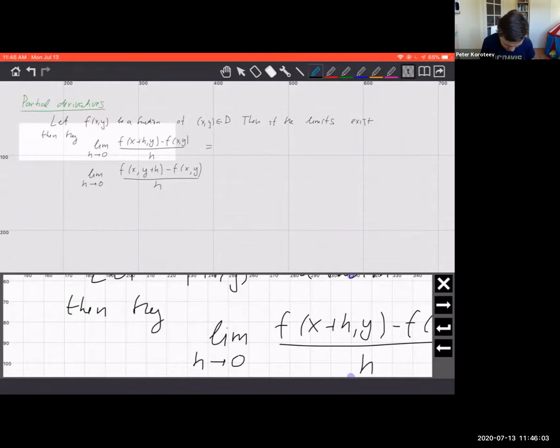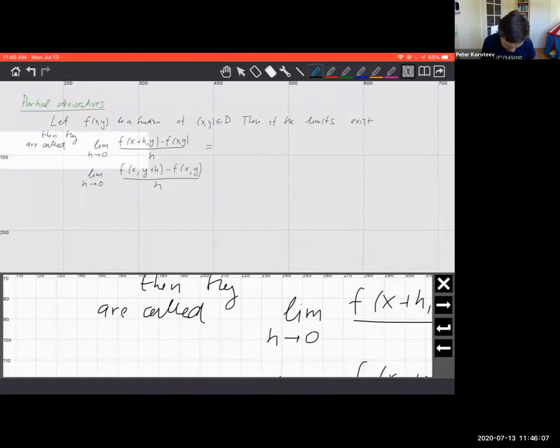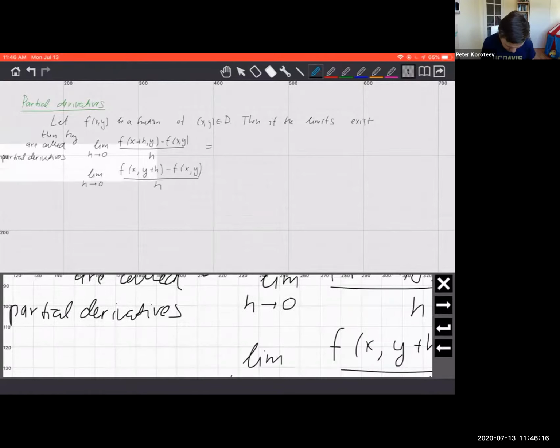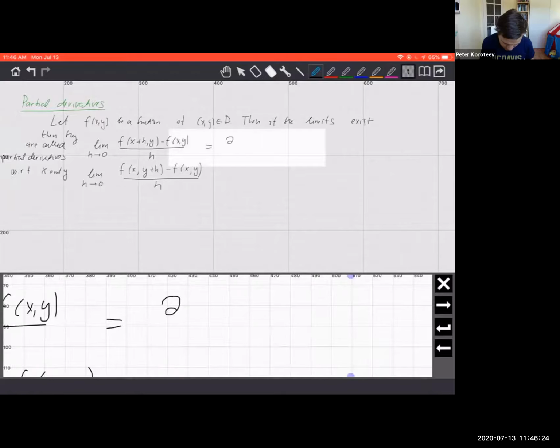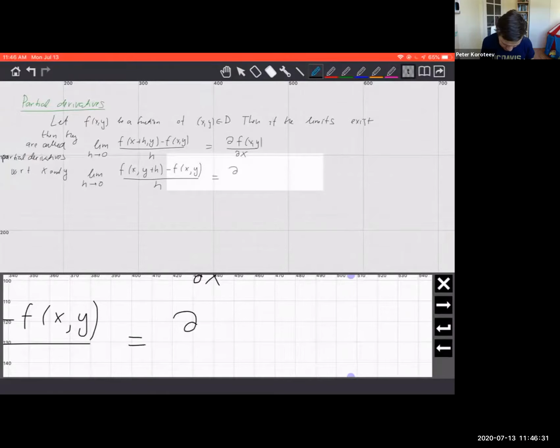Then they are called partial derivatives with respect to x and y. So this is equal to del f of x, y over dx, and this is del f of x, y over dy. This del, we just call it d, it's a symbol.